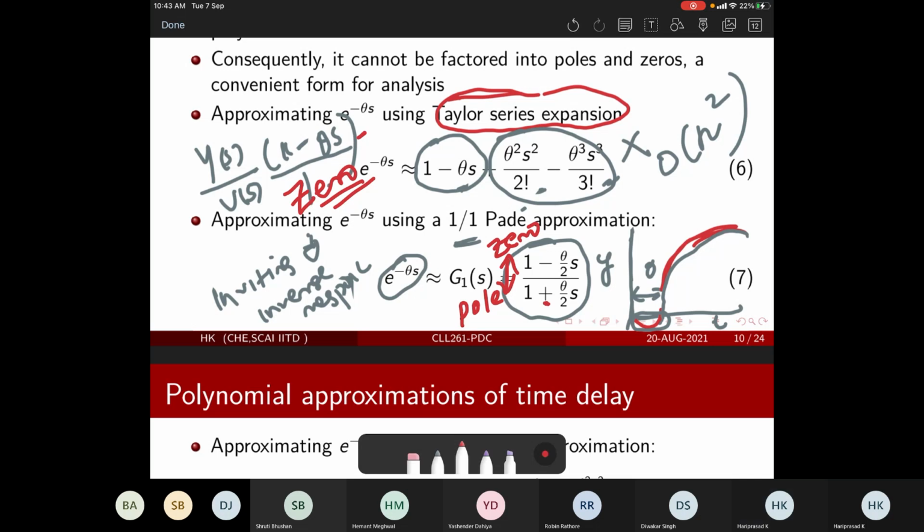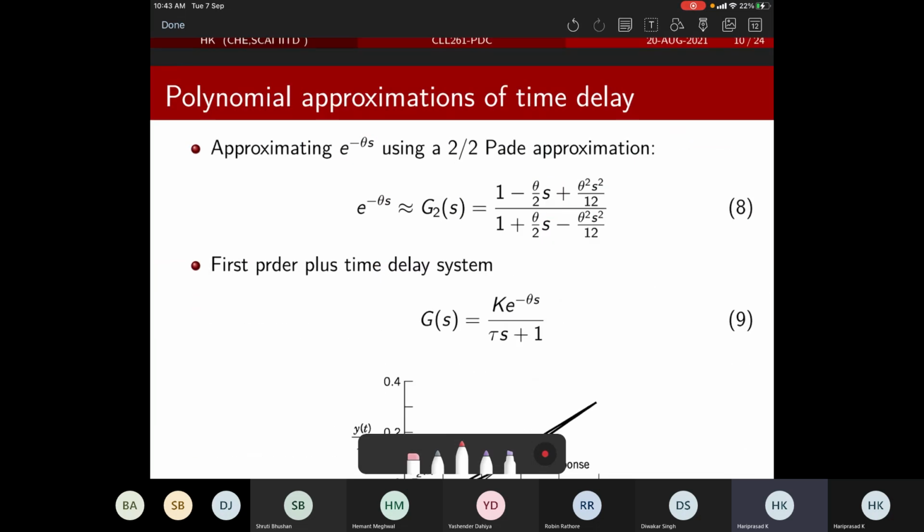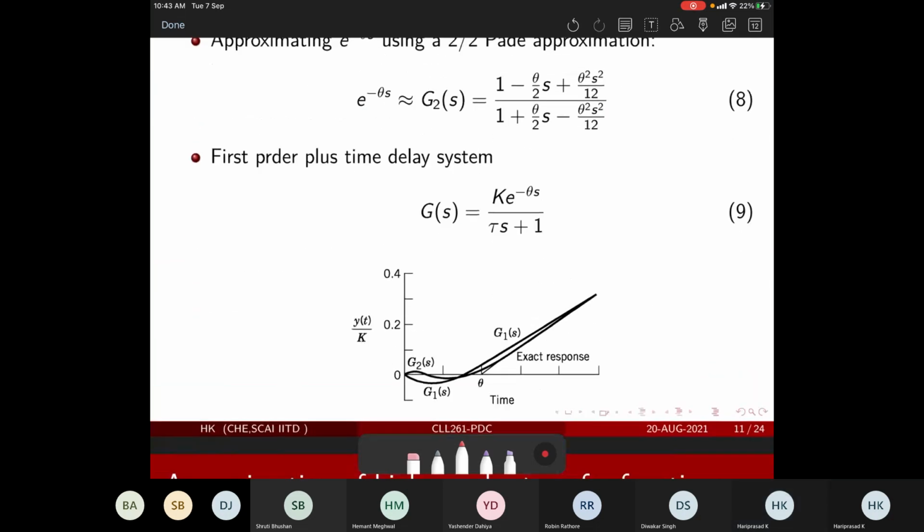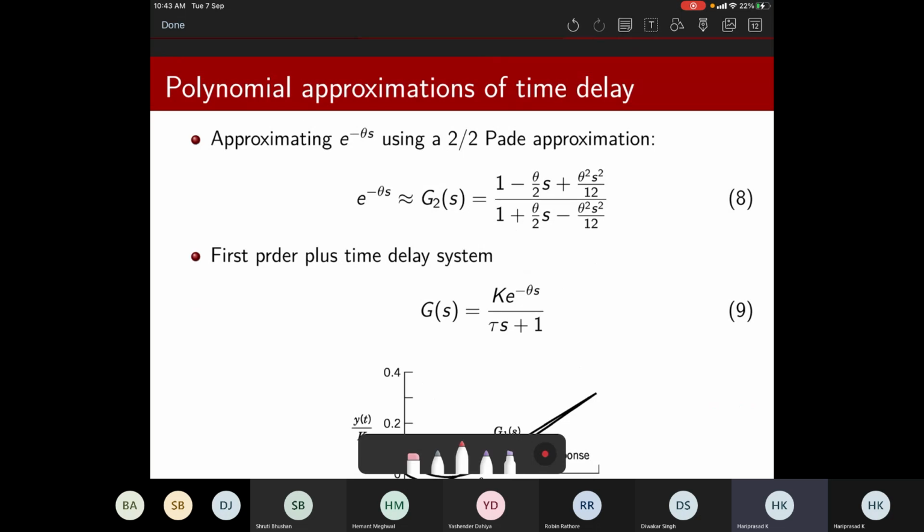So the overall contribution would not be skewed towards the zero. The pole would also have some contribution. As a result, the level of the inverse response would be lesser. We will come back to that.